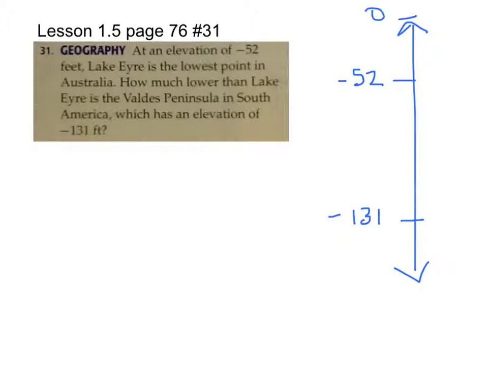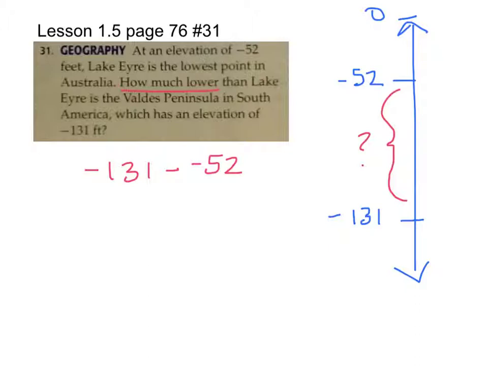So they're asking in this one, how much lower is this? So we want to know, what is this distance in between? If we're looking for the distance in between those 2 points, it's the same as saying we're looking for the difference. So the difference is negative 131 minus negative 52.